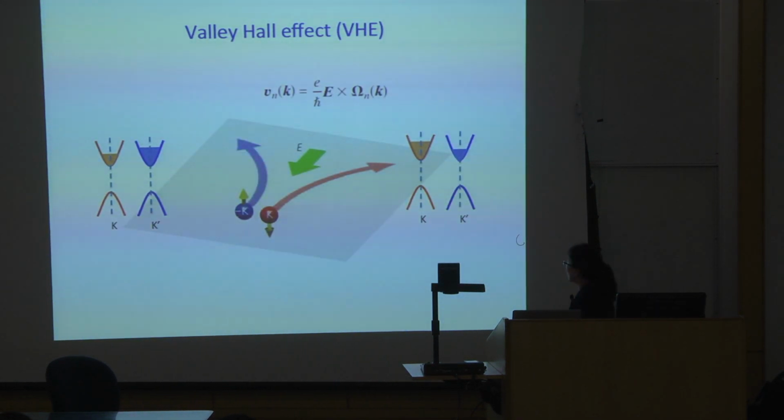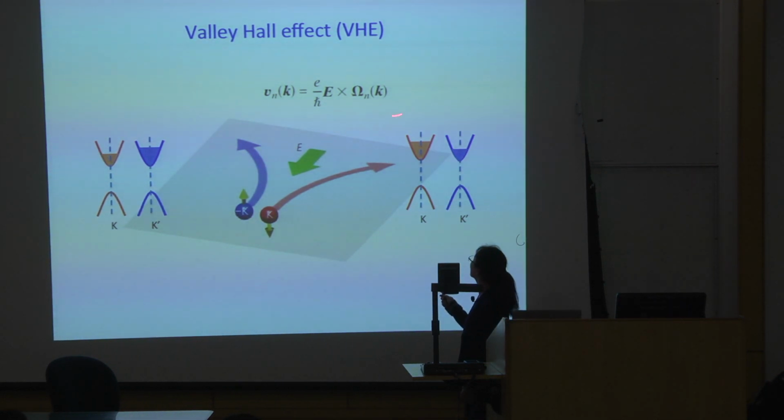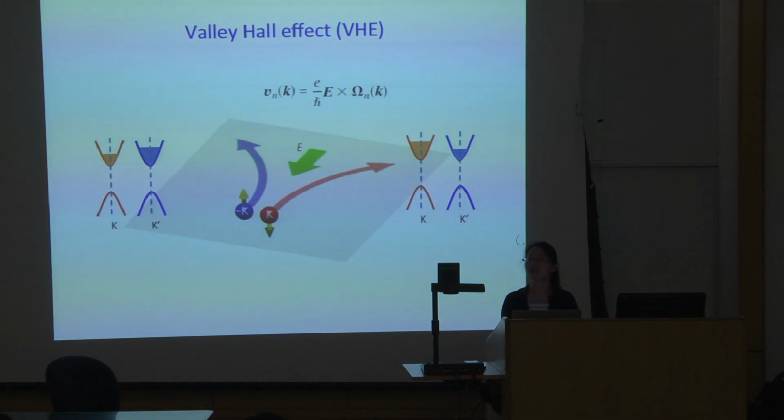Okay, so one important experiment to show that the Berry curvature is really a real physical quantity in this system is the Valley-Hall effect. We said the Berry curvature is like an effective magnetic field, right? So if you drive currents, then the electrons will experience an anomalous velocity because of this magnetic field, right?